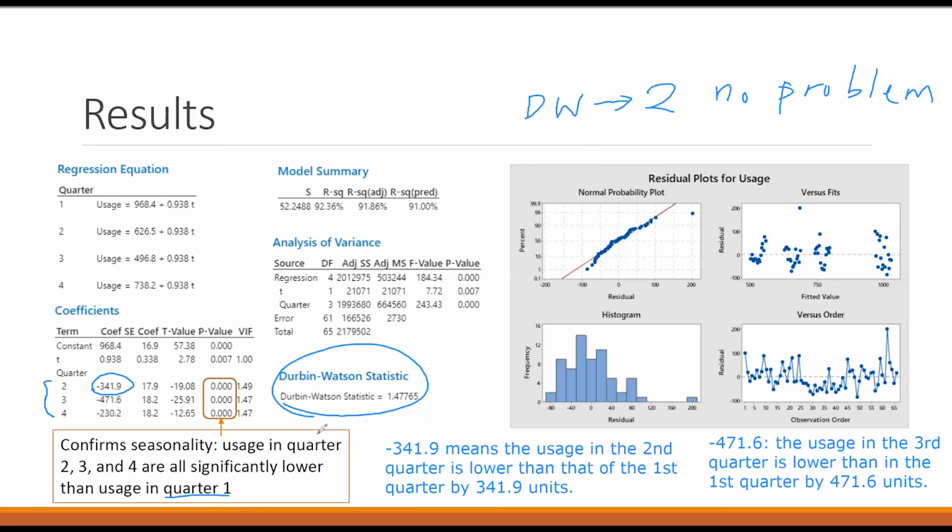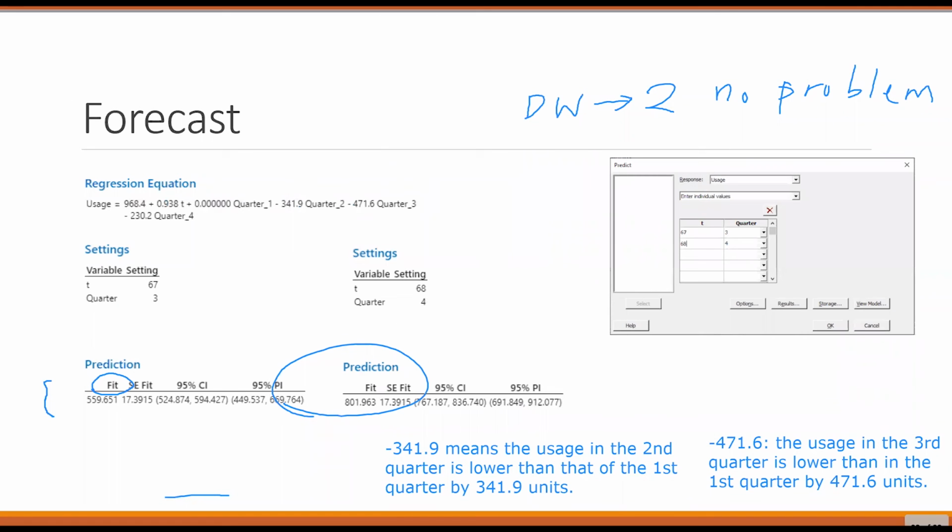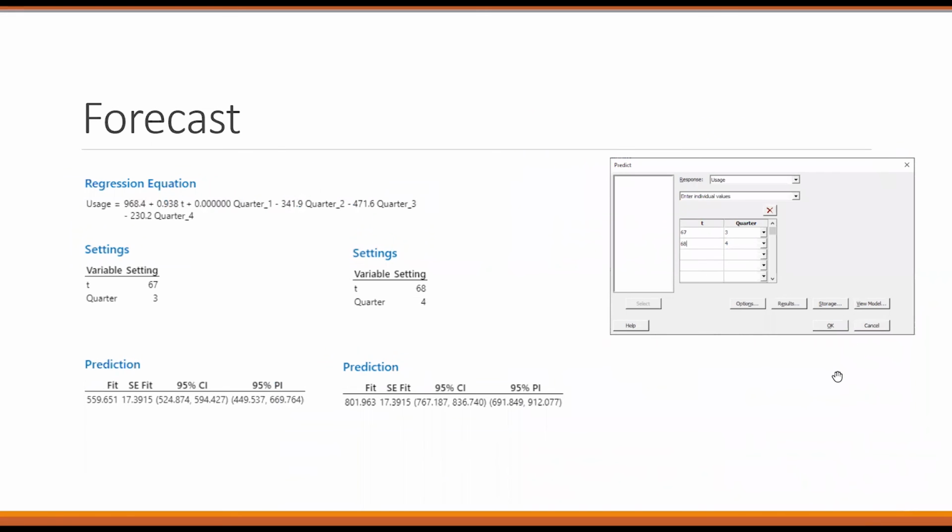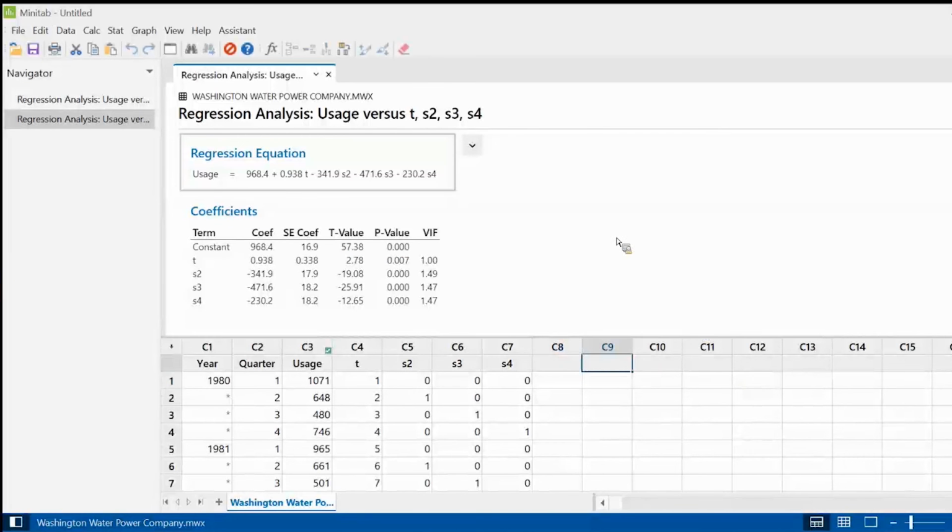All right, and the last slide we have is for the forecast, because the question asks us to forecast for the next 2 quarters of 1996, right? So what we can do is go back to Minitab. Let me do that. So we want to forecast for the next 2 quarters.